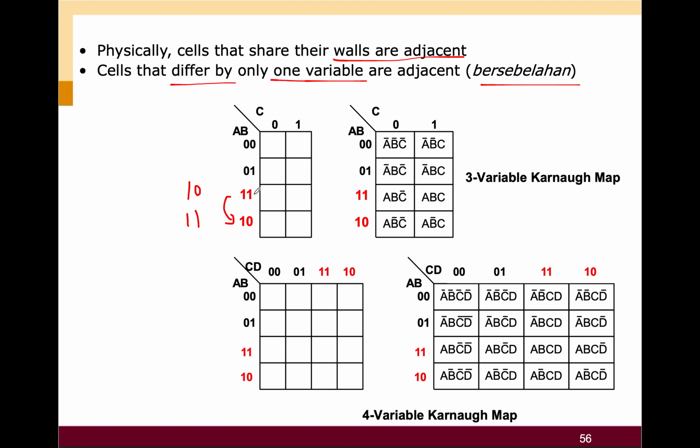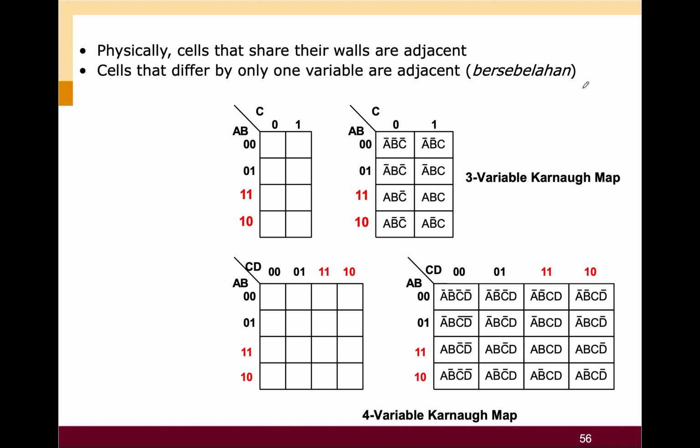So in this KMAP, we're going to draw 1, 1 first, and then 1, 0. And for the C it is 0, 1, similar, only that if you have 4 variables, you will draw it like this too, where you will only vary on this one. Cells that differ by only one variable are adjacent.